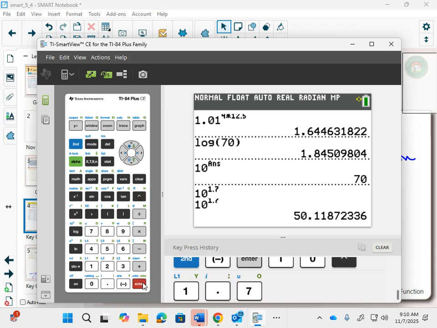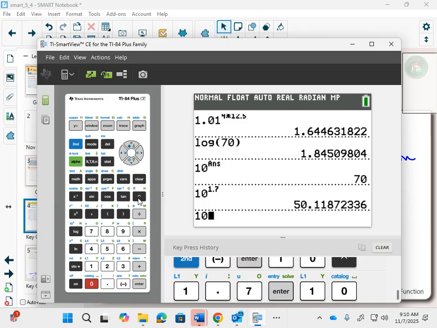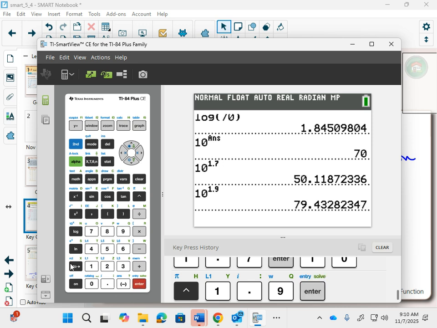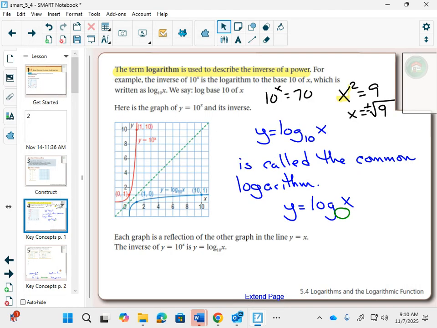Maybe you guess 1.7. Well, that's not high enough, so then you go higher. 1.9. Oh, that's too high. So then you would keep guessing and checking until you got to 70. But now we have a button on our calculator that has all those values memorized and can figure it out.